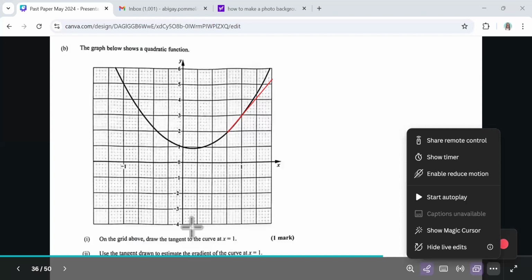Next one, use the tangent drawn to estimate the gradient of the curve at x equal 1. So I am doing a gradient. And with the gradient, I can do a triangle right here. Good. So stop right here.